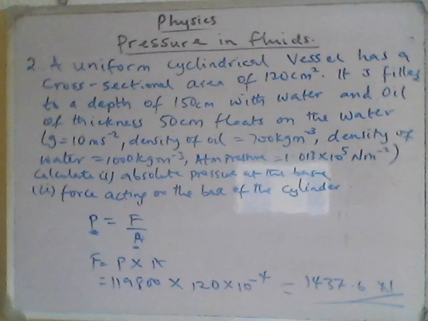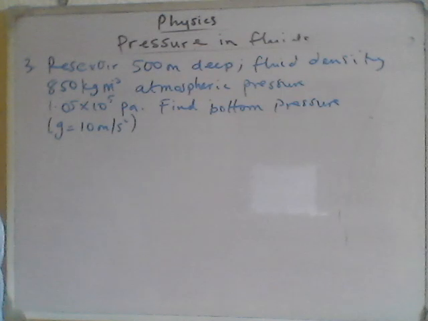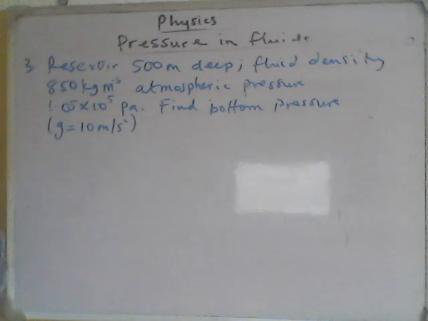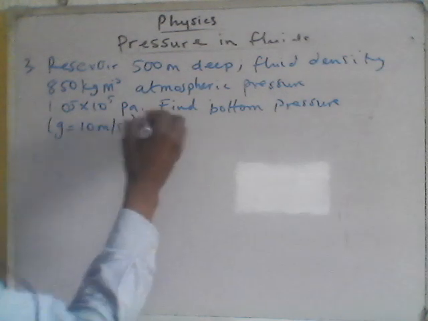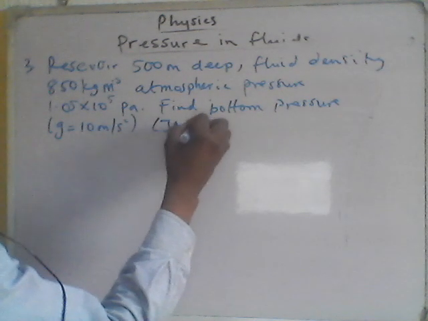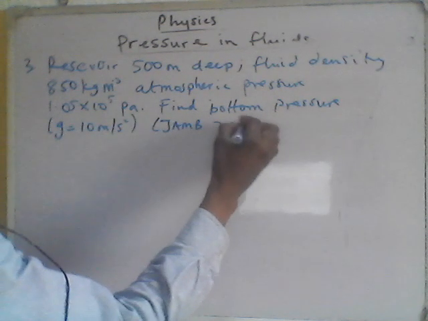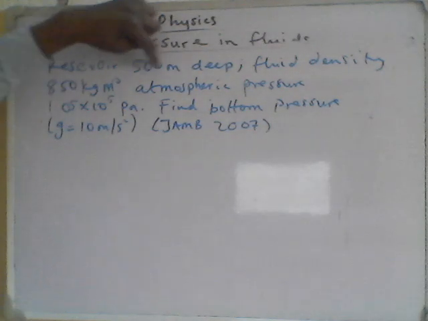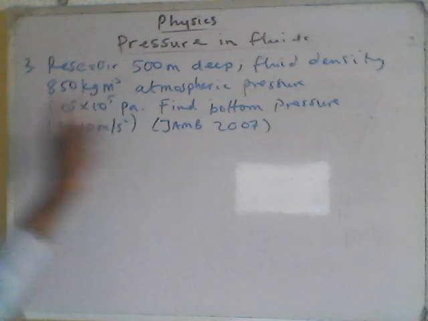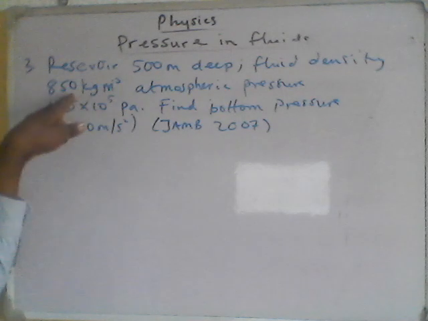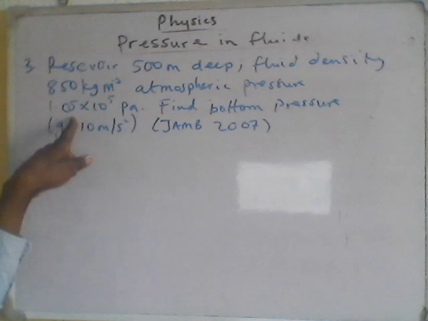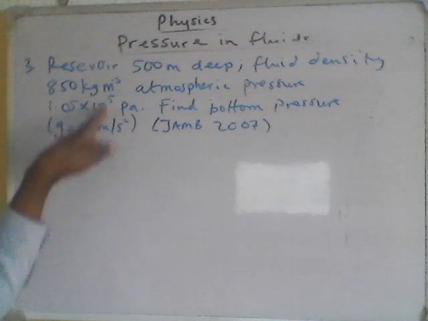So move on to the next question. Another question here, from JAMB 2007, still on pressure. So say a reservoir is 500 deep, fluid density inside the reservoir is 850, atmospheric pressure is 1.05 times 10 to the power 5 Pascal.